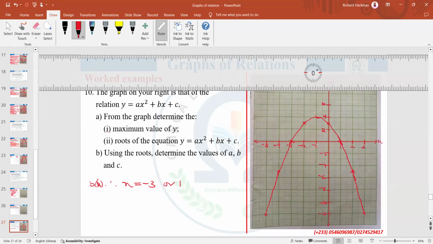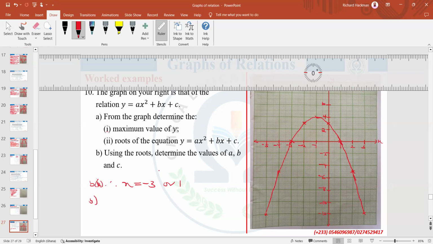Now, what are you supposed to do? It says using the roots, which will be your solution, determine the values of a, b, and c. We did this for every equation. If you are able to get its roots, its solutions, its zeros, you should be able to give the equation that gave us that result. So here for the b, this is all that you need to do.